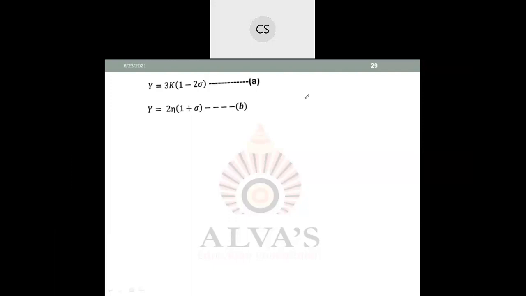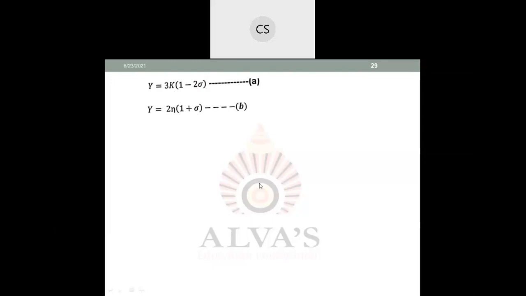Just now we saw the relationship between Young's modulus, bulk modulus and eta, that is Y, K and eta. Now we are going a little further, and we try to relate all four.